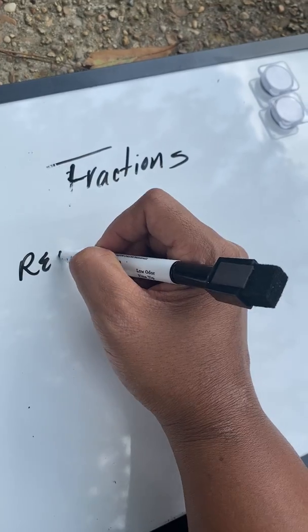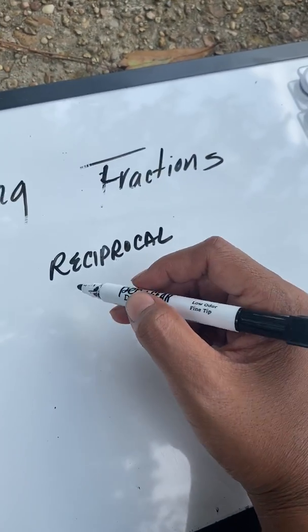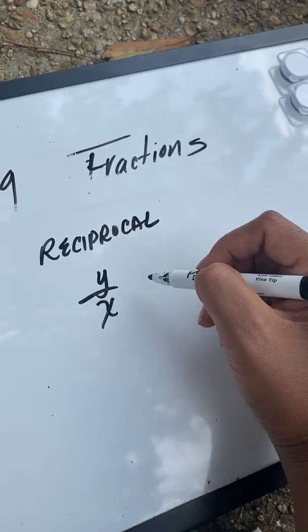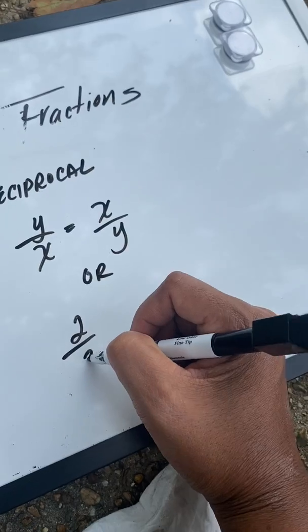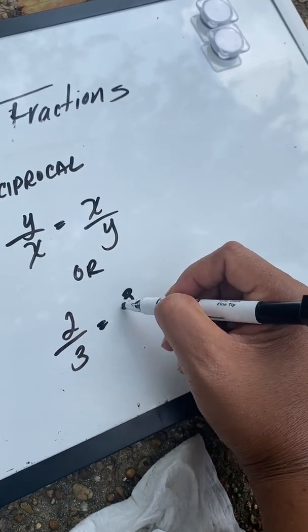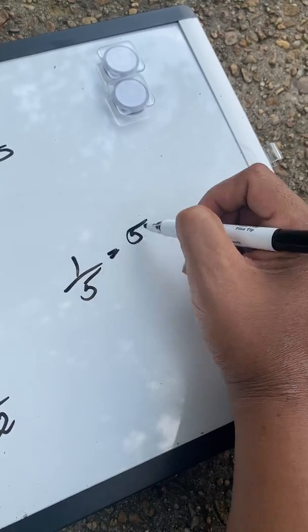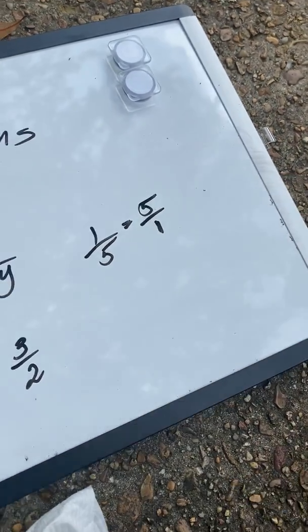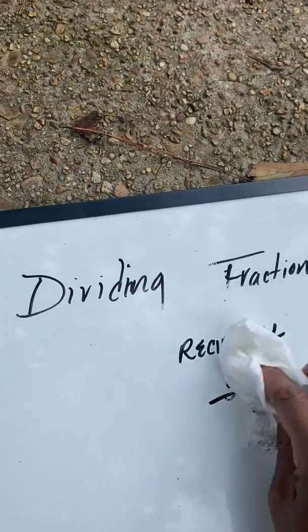Remember, I said this word early in the video, reciprocal. This means to flip, okay? X over Y, or 2 over 3. The reciprocal is 3 over 2. 1 over 5. The reciprocal is 5 over 1. All right? And so on. So it simply means to flip.